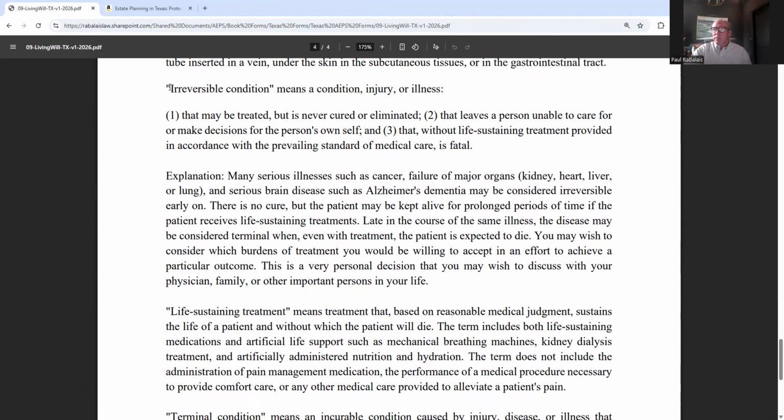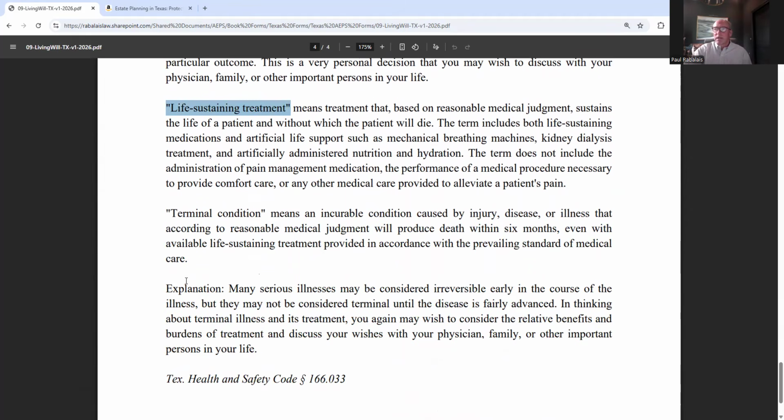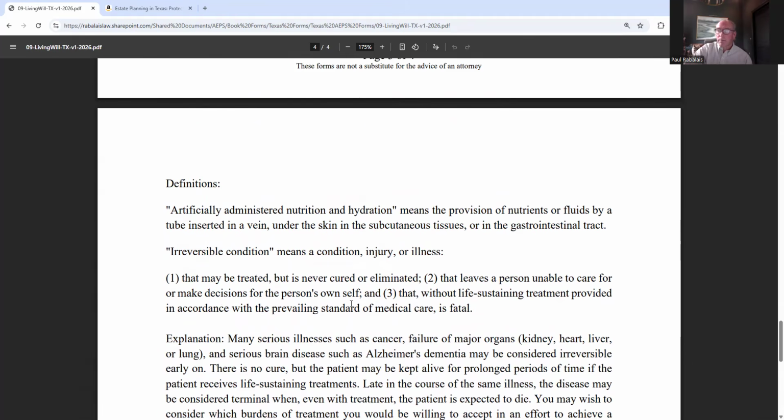There's a definition of irreversible condition, there's a definition of life-sustaining treatment, and there's a definition of terminal condition. You want to read through all of that so you can really get yourself educated as to what this form means. This form is really, really important. So it's really important here that you make informed decisions.